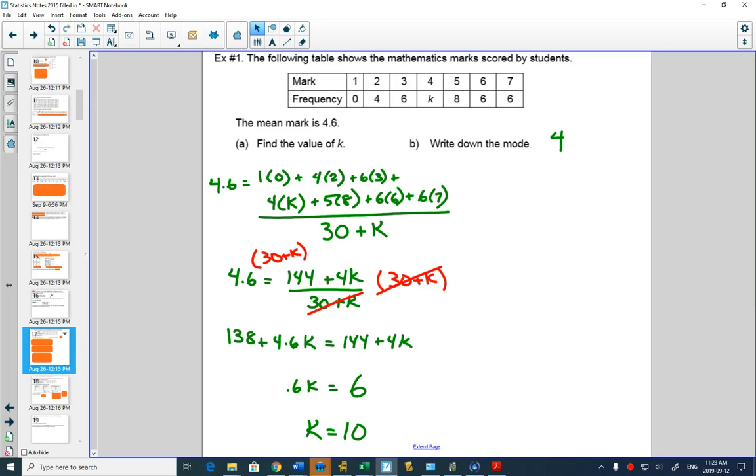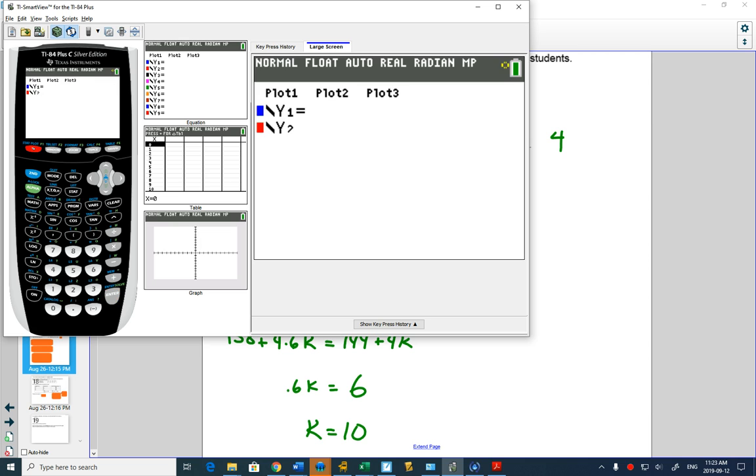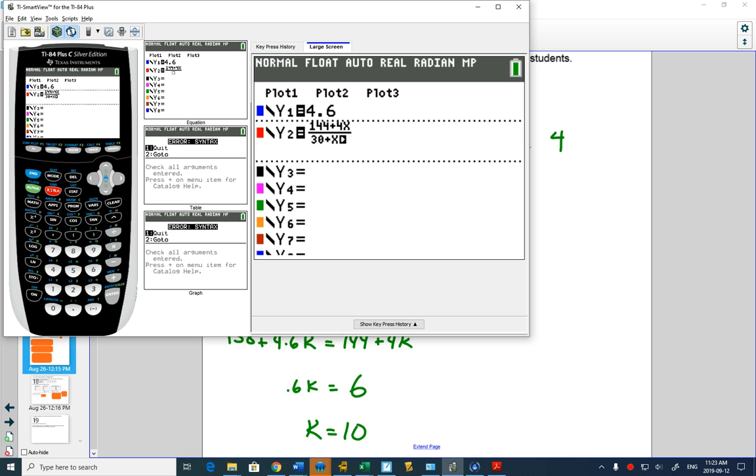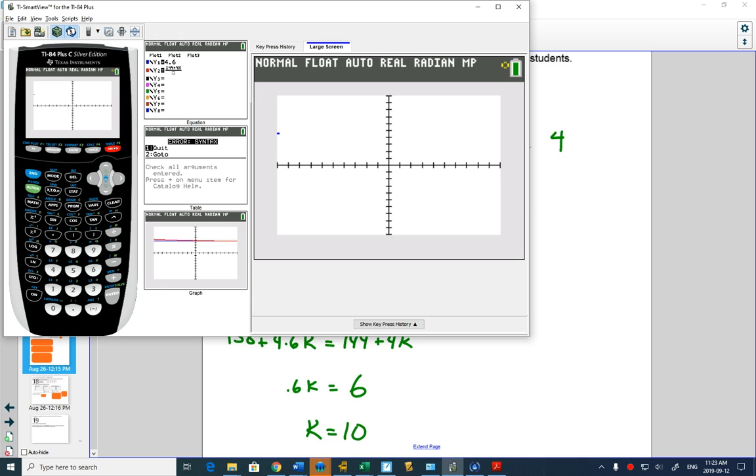One of the ways that you could use your calculator in this one, go to my calculator here. I have 4.6 on one side of my equation, and on the other side of my equation was 144 plus 4k, which I'm going to use x, over 30 plus x. Did I type anything in wrong? I think that's right. If I graph this, 4.6 is a straight line.